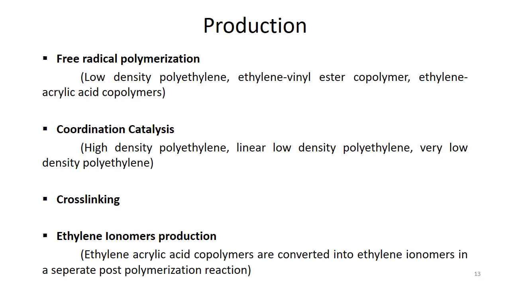Basically, we employ coordination catalysts to make high density polyethylenes, linear low density polyethylenes, and very low density polyethylenes. In the case of ethylene acrylic acid copolymers, we know that we can convert these polymers to ethylene ionomers in a separate post polymerization reaction.